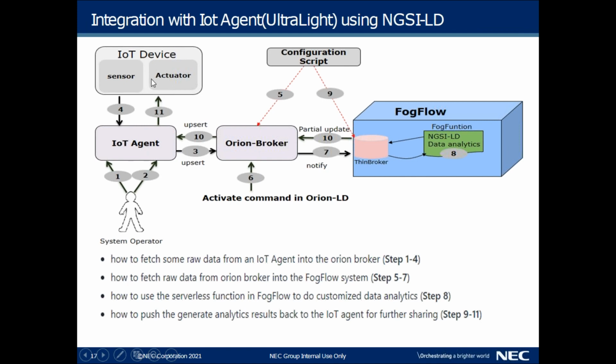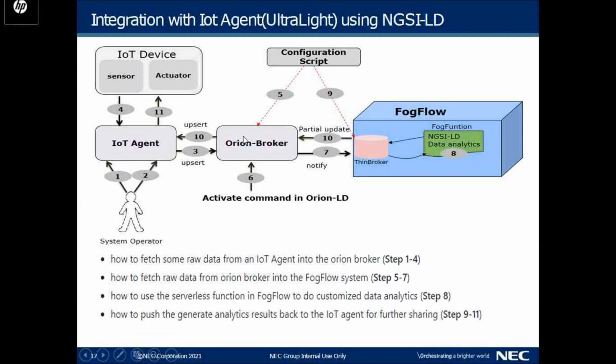The IoT agent is here. The IoT agent is connected with the Orion broker. We did some provisioning here. From step 1 to 4, the provisioning is done here. From step 5 to 7, 8, 9, and 11, it is already there, which I have explained in the earlier broker integration. So this is the IoT device, for ultralight devices.